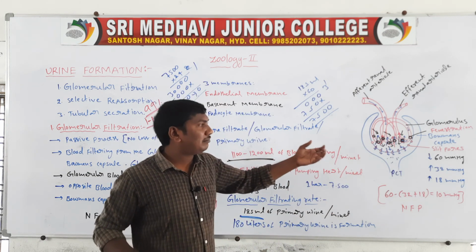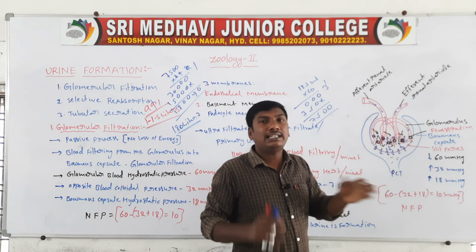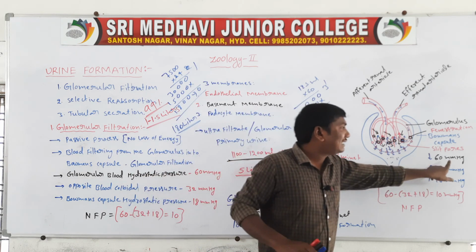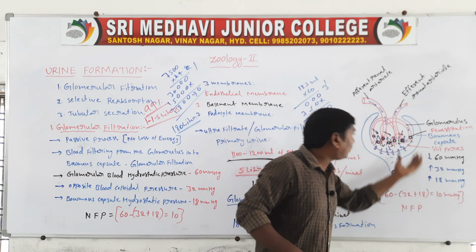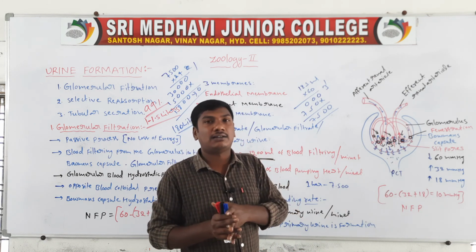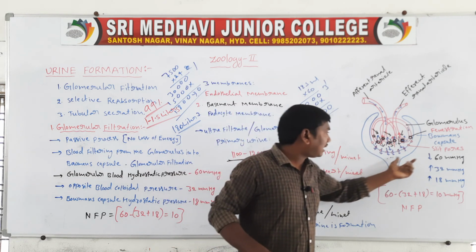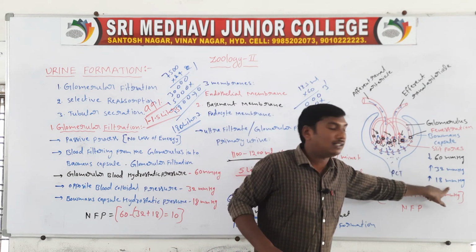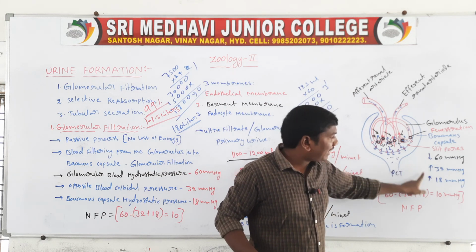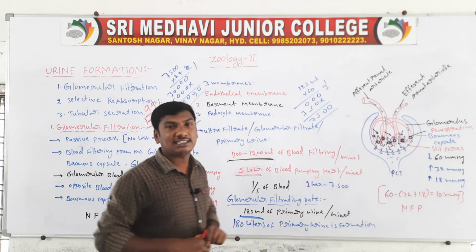The net filtration pressure: the blood flowing into the glomerulus causes the glomerular blood hydrostatic pressure of 60 mmHg. In the opposite direction are the blood colloidal osmotic pressure of 32 mmHg and the Bowman's capsular hydrostatic pressure of 18 mmHg. 60 minus 50 gives 10 mmHg, the net filtration pressure.